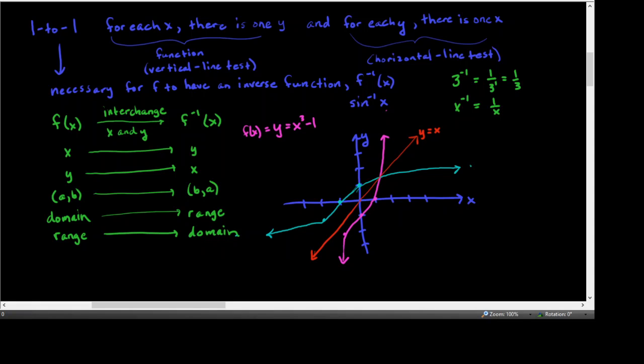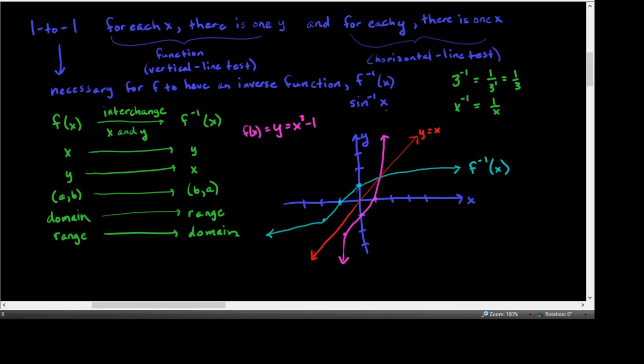Hold a horizontal line anywhere on the y-axis, and for that y value, does it use 2 x's or just 1 for any given y? That's the horizontal line test, and it actually passes both. So this function is 1 to 1, and it does have an inverse function, and we would label it f inverse of x.